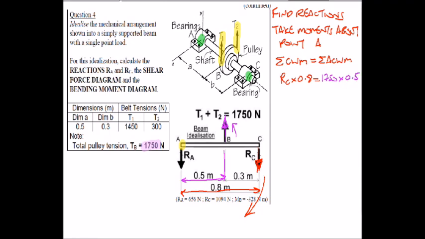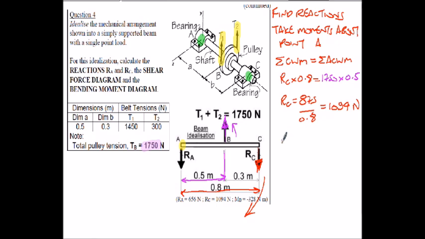So simply rearrange the equation now. So RC is going to equal 875 divided by the 0.8, and that gives us approximately 1094, and this time it's newtons we're using here.